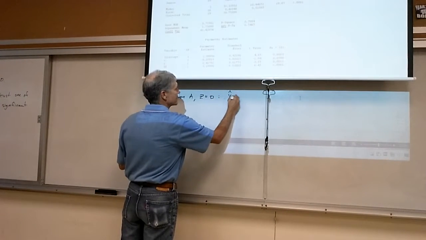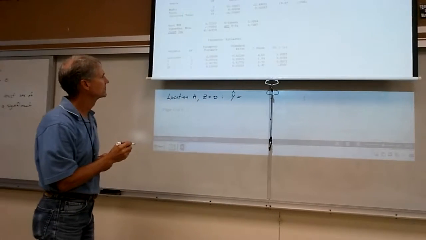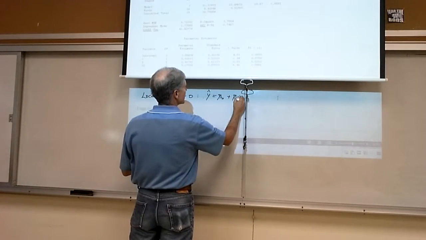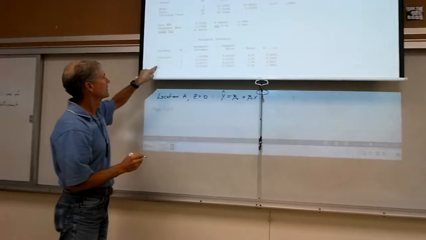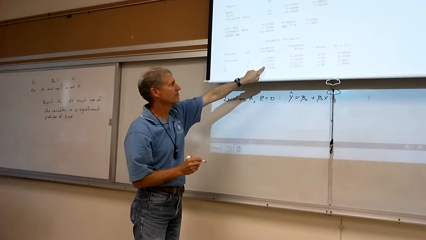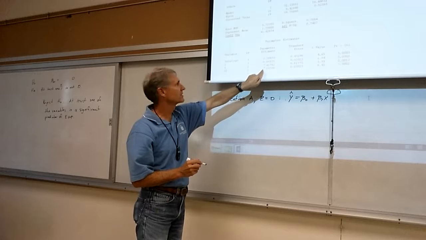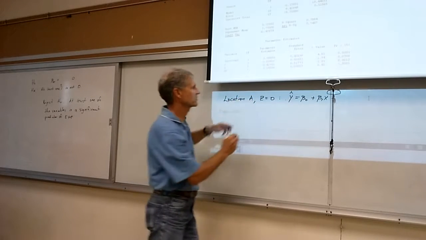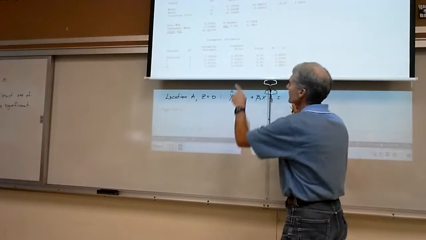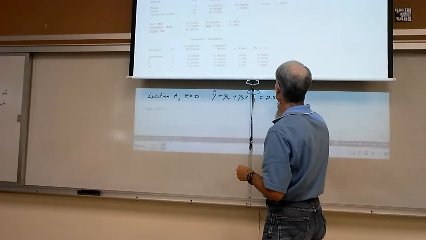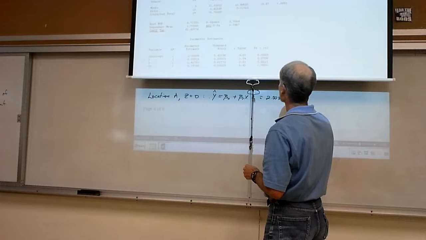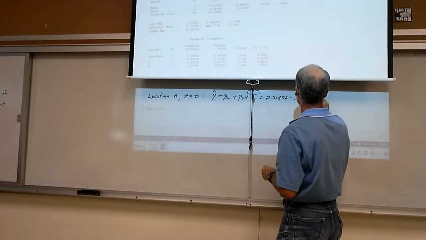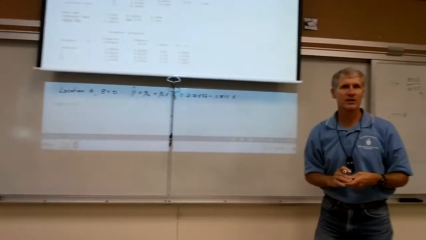So y hat is equal to beta 0 plus beta 1x plus beta 2 times 0 plus beta 3 times x times 0, so those terms drop out. All I have to do is fill in the numbers: 2.00856 minus 0.03915x. There's my model for location A.